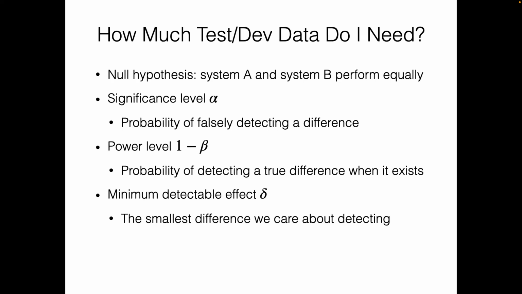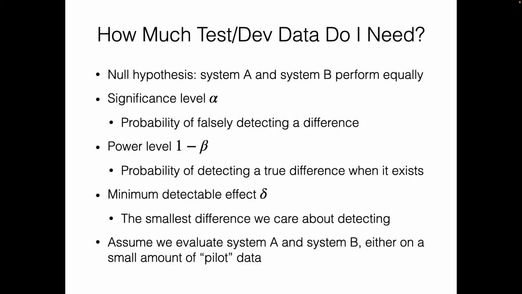Then you'll have the smallest difference that you care about detecting. If you want to detect a very, very small difference, then you probably need a lot of data. If you expect 10% differences between systems, then maybe you don't need as much data to detect that.